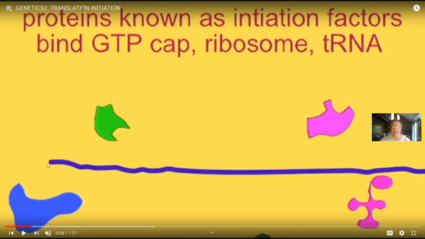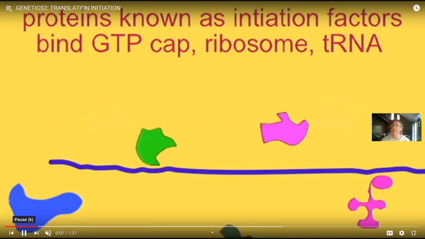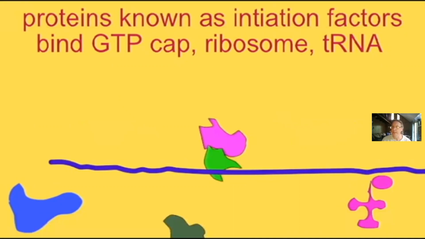And so the messenger RNA has a GTP cap. If you recall, that's a guanine, which is more or less upside down, a 5' to 5' bond, which shows where the mRNA starts. The ribosome comes in these two pieces, and then the tRNAs bind the amino acids. These are the three starting components, but there are proteins which are helping each of the three.